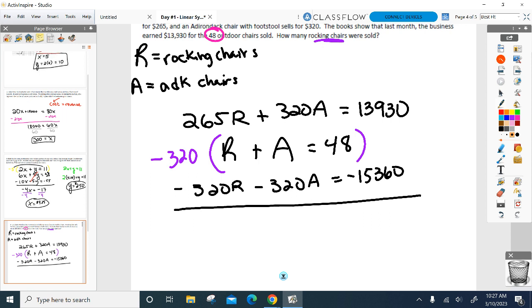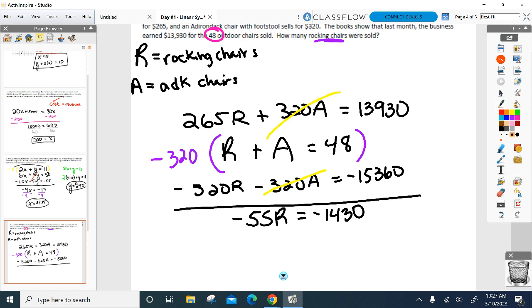All right, Adirondacks cancel each other out. Combine your R's now and your right side of the equal sign. I'm getting negative 55R on one side. And on the other side, I'm getting negative 1,430. Yeah, I'm good.